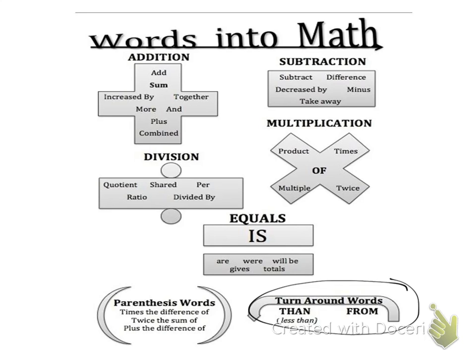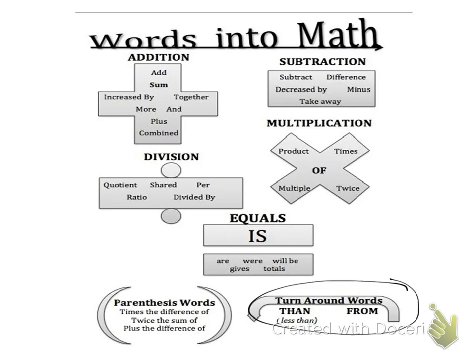What that means, okay, is if I have a problem like 7 less than 10, then than is a turnaround word. So 7 less than 10 means I'm going to do 10 minus 7. I flip it around anytime I see that word than, okay? The same thing is the word from, like 10 from 20.